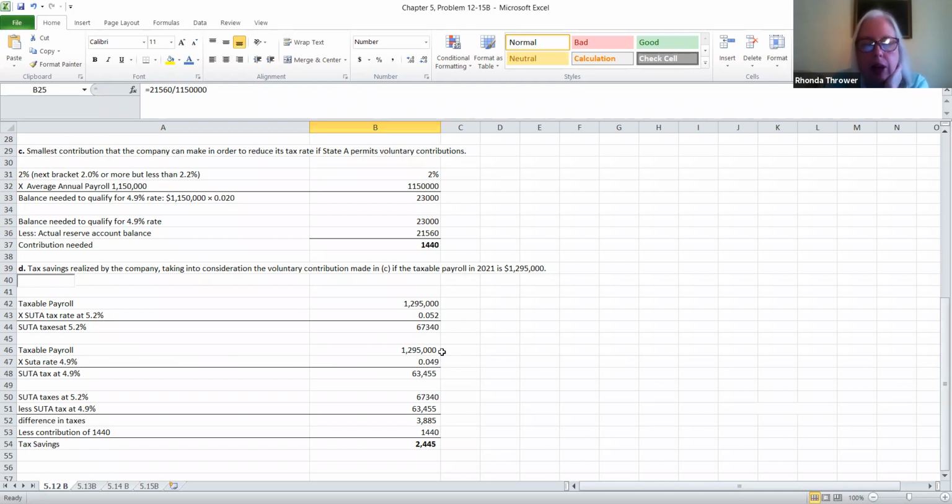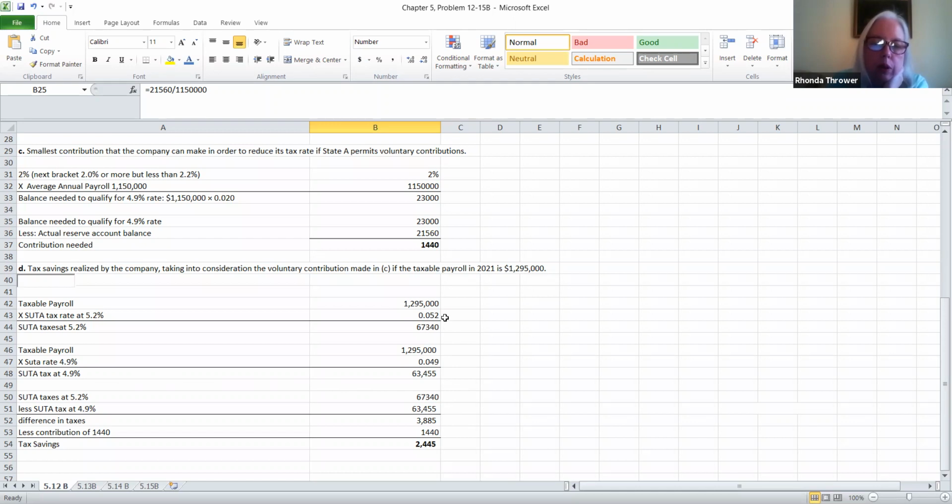Multiply that by the taxable payroll, and that will give you the SUTA tax at 4.9%. So this is at the higher rate, this is at the lower rate. And what you've got to do is compare those and find the difference.